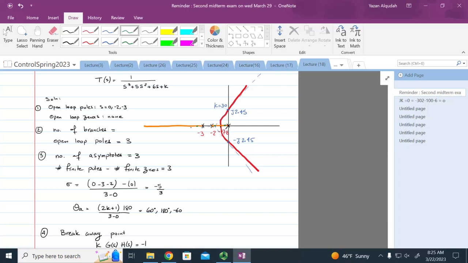What happens when I increase the gain? They're going to move closer, closer. Eventually, I'm going to have two poles on top of each other here. What is it going to be? Critically damped. And then I'm going to increase k further. The poles are going to move somewhere here, somewhere here. What is the response going to be? Underdamped.